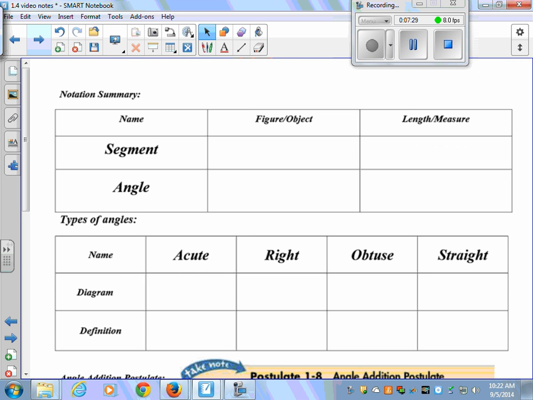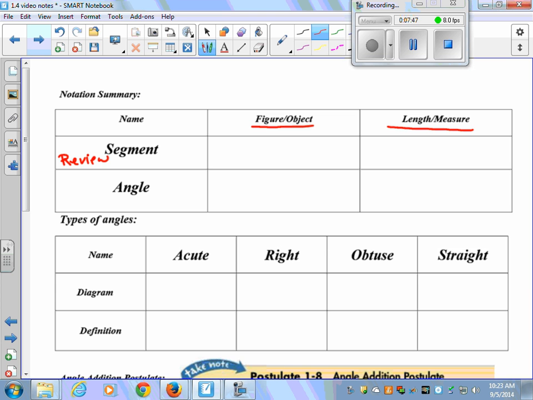Okay, if we turn the page, we're talking about notation. Remember we said how important notation is. So the first one is just reviewing about segments. We have two categories in our table here.